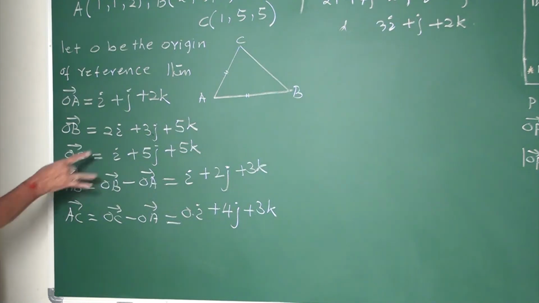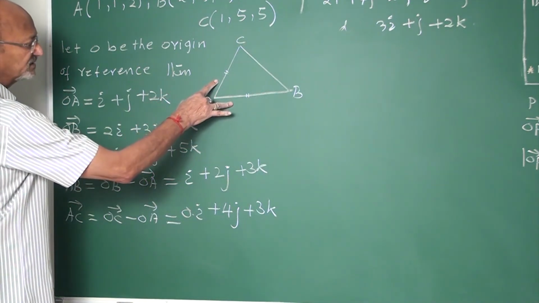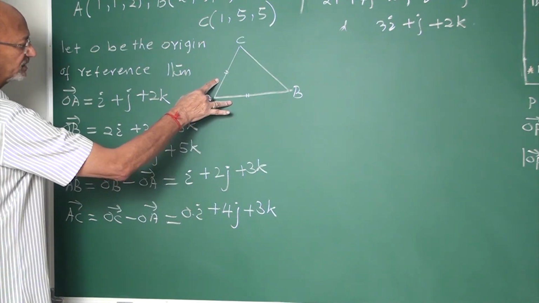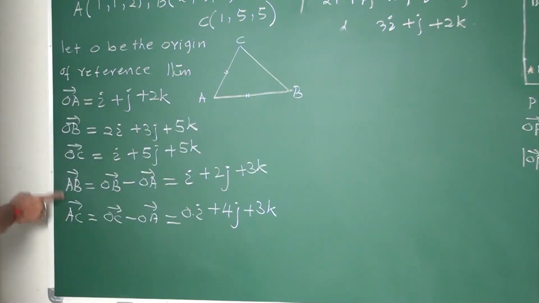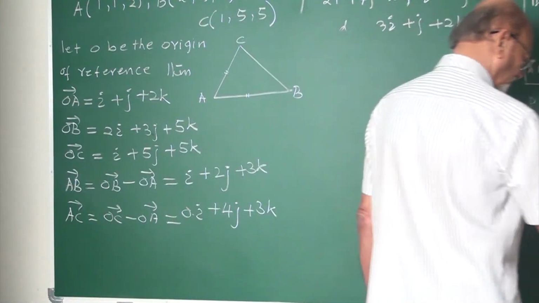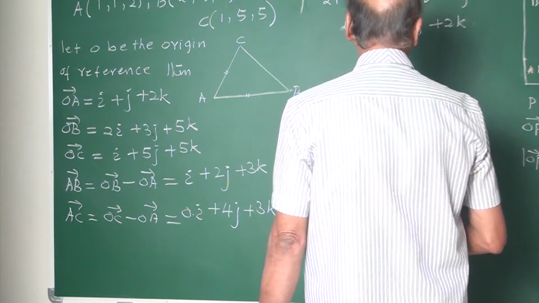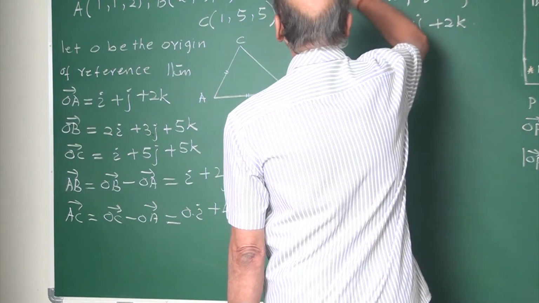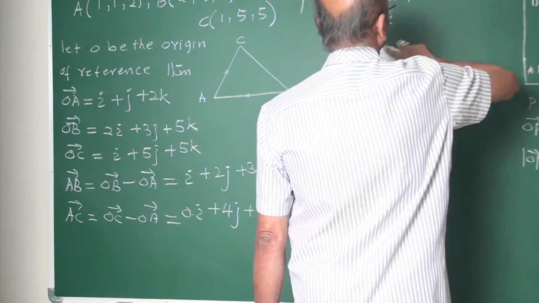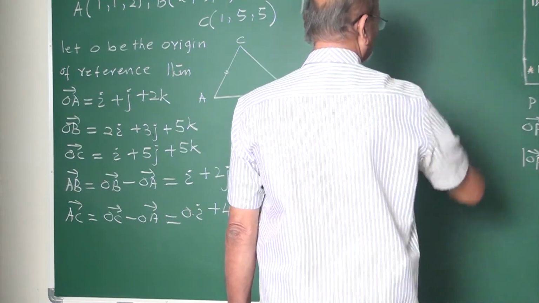These are nothing but two adjacent sides of a triangle ABC. Then you have to find its cross product. Yes, my friends.